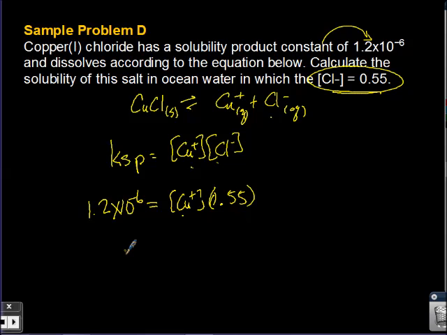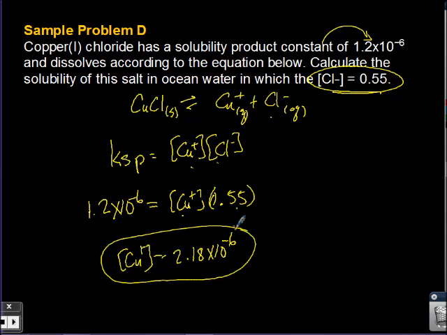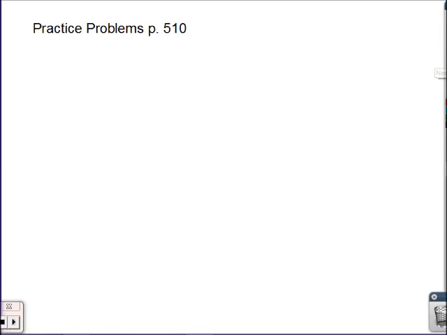So when I solve for the concentration of copper ions, I take the 1.2 divided by 0.55, and I get 2.18 times 10 to the negative 6th. So that's the concentration of the copper ions in this solution. So again, we have some more problems to practice, and we'll do some of these in class, learning how to find the solubility of a slightly soluble salt.